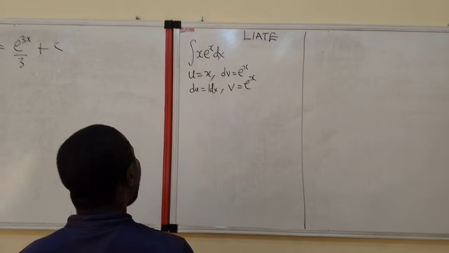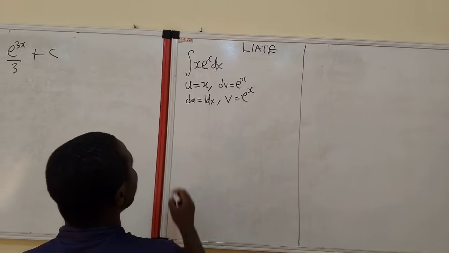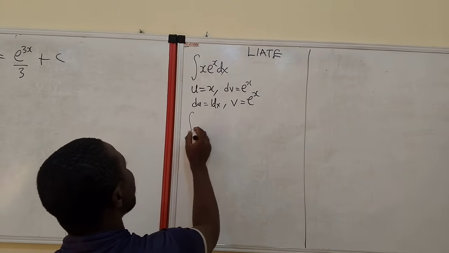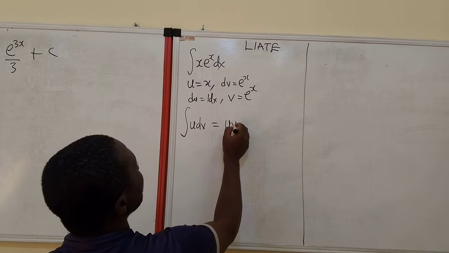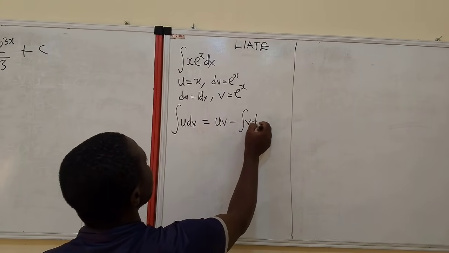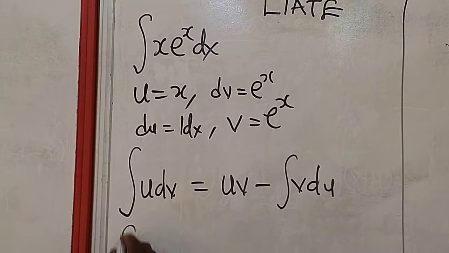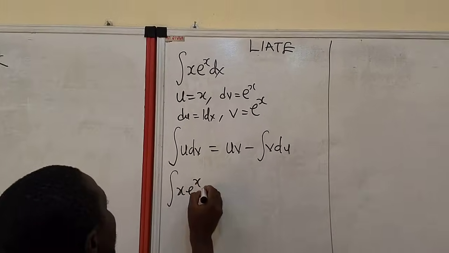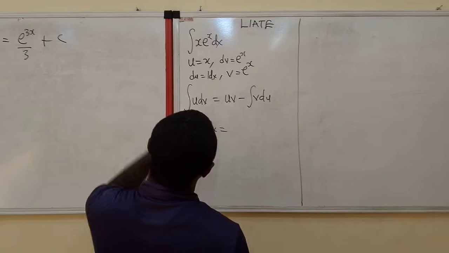So, we now apply the integration by parts formula. The integration by parts formula says the integral of u dv is equal to uv minus the integral of v du. So therefore, for the integral of x exponential x dx, what's my u? x.